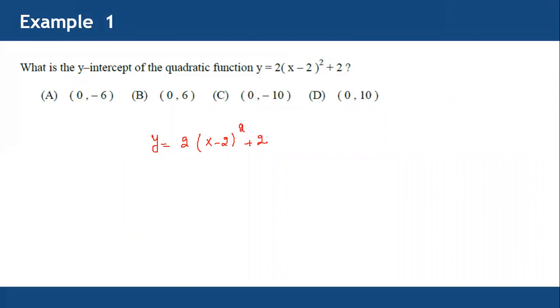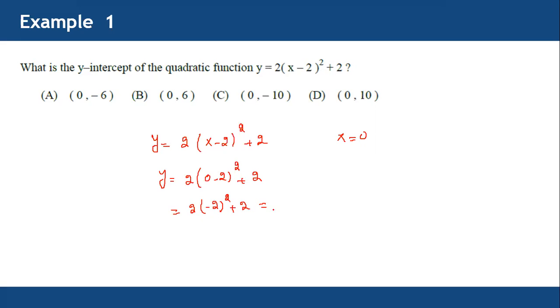So what about the y-intercept? Okay, good. And you know that the y-intercept is the value of y when x is 0. So when you put x equal to 0, the function y is equal to 2 into (0 minus 2) whole square plus 2, or 2 into (minus 2) whole square plus 2.